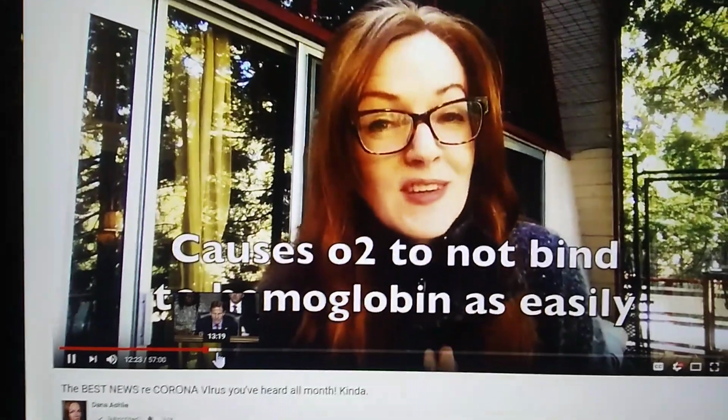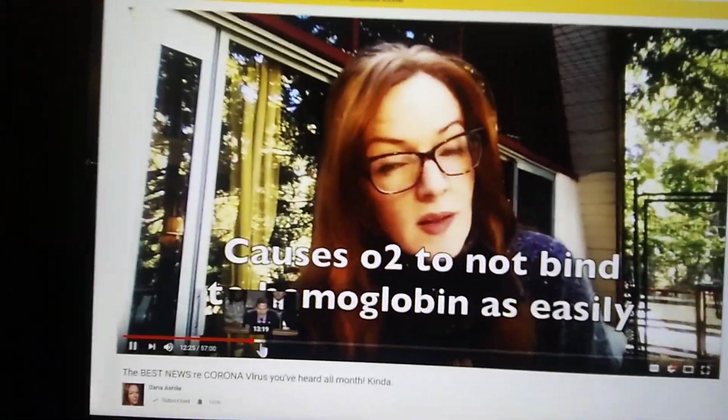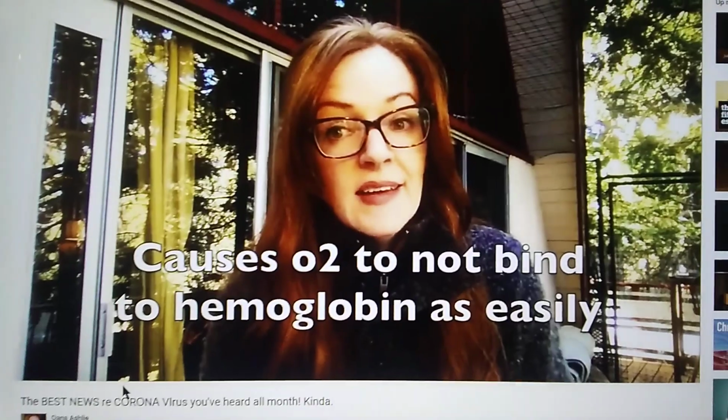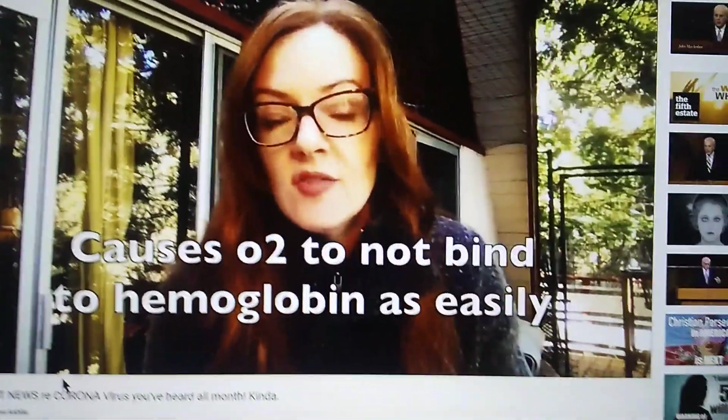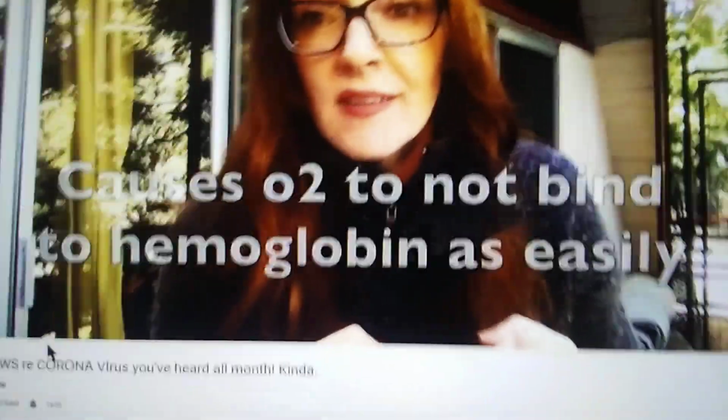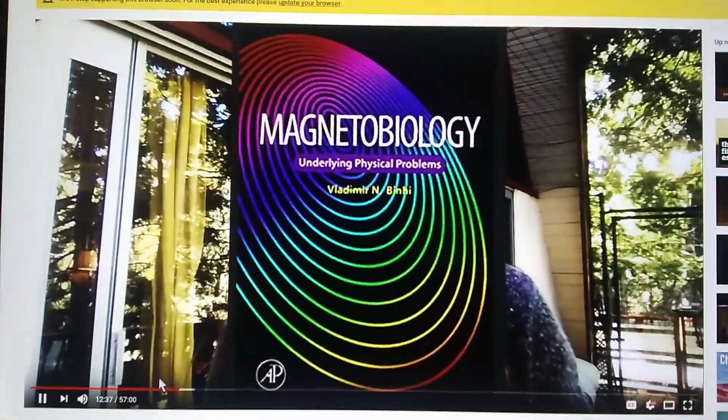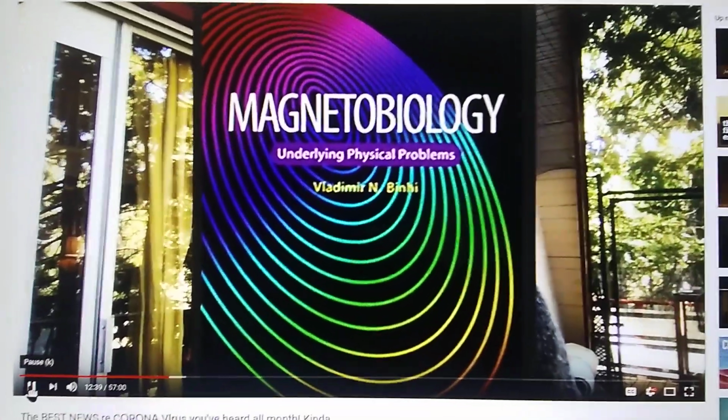But the unfortunate impact of oxygen molecules spinning the electrons is that it makes the hemoglobin unable to uptake the oxygen and get it to the rest of your body. Now, this info is taken from a textbook called Magnetobiology, Underlying Physical Problems.